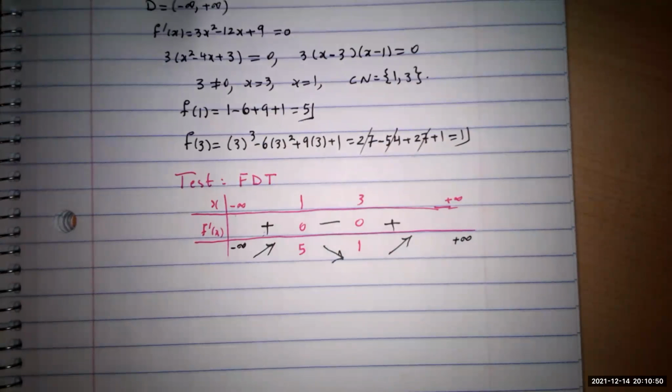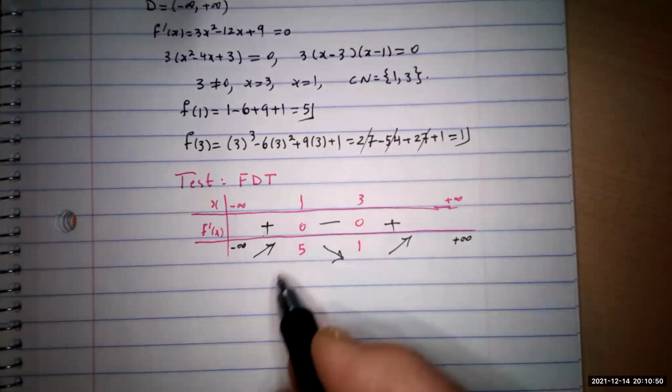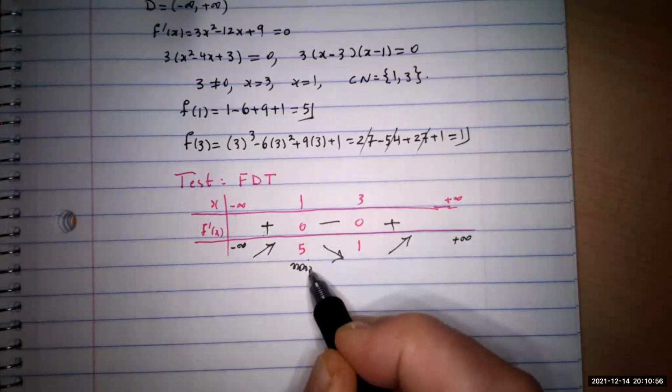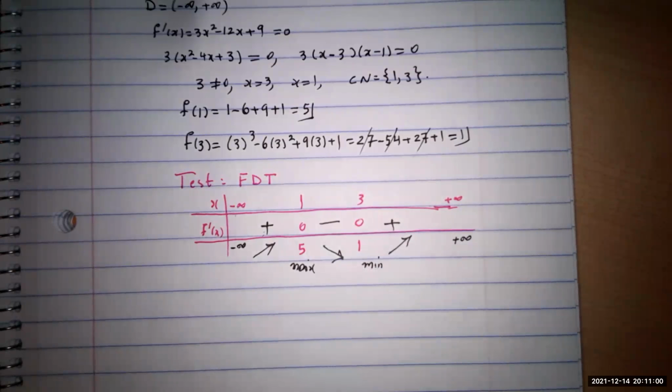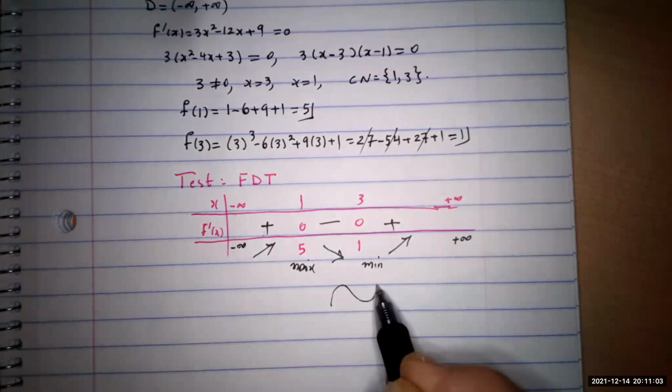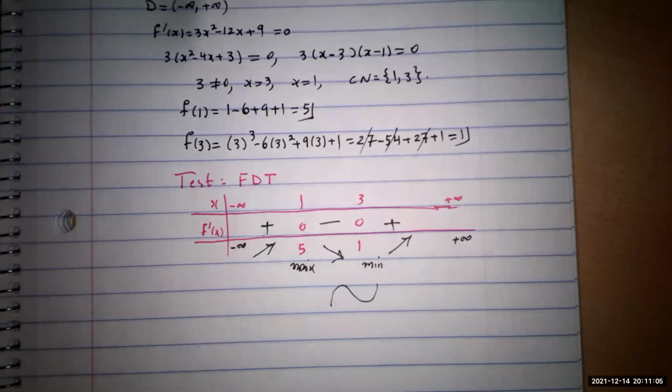So that's it. This is going to be a minimum, and sorry, that's going to be a maximum, and this is going to be a minimum. So the graph would be something like this. We can graph it, though we don't ask you to graph this. It's not difficult. You just put it on the XY coordinates.